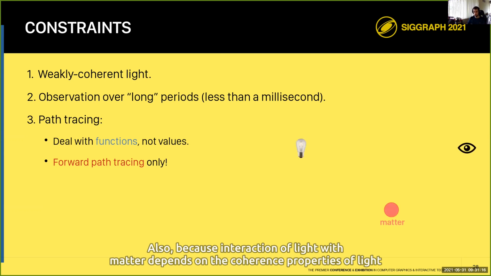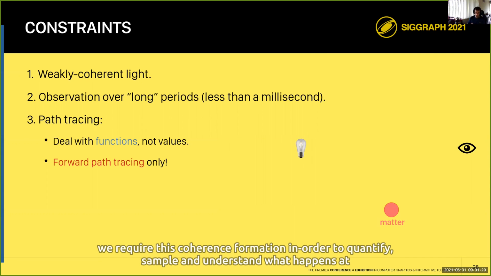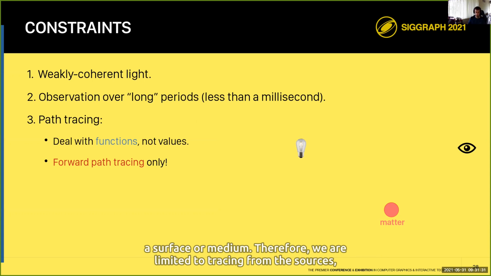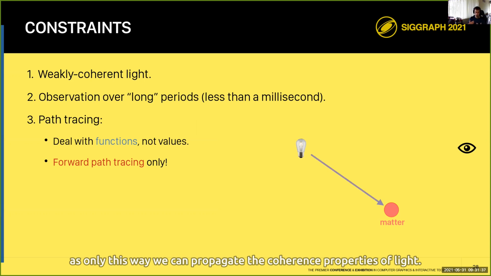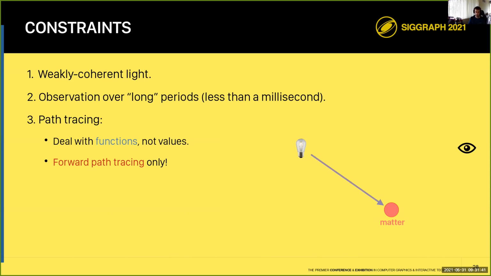Also, because the interaction of light with matter depends on the coherence properties of light, we require this coherence information in order to quantify, sample, and understand what happens at the surface or medium. Therefore, we are limited to tracing from the sources, as only this way we can propagate the coherence properties of light.